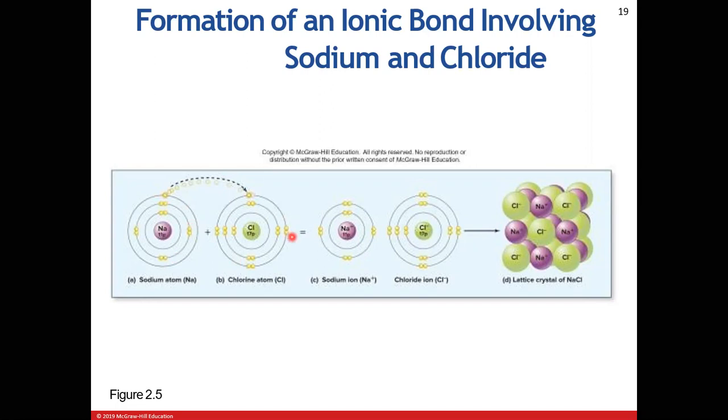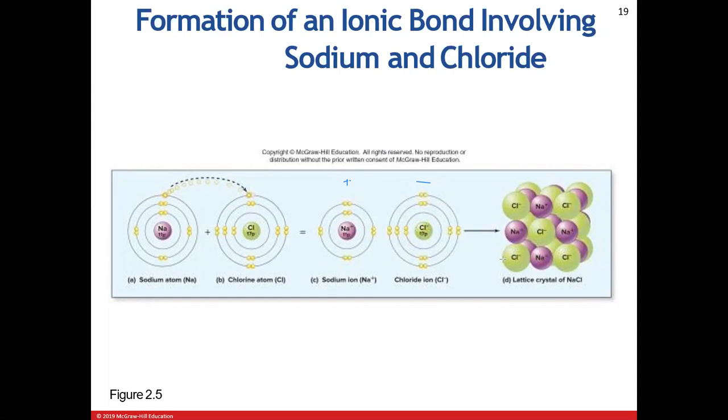Now we have a full atom with a positive charge and a full atom with a negative charge. I'm going to do a little drawing here. Because you now have a positive sodium ion and a negative chlorine ion, these two are attracted to each other because of those charges.